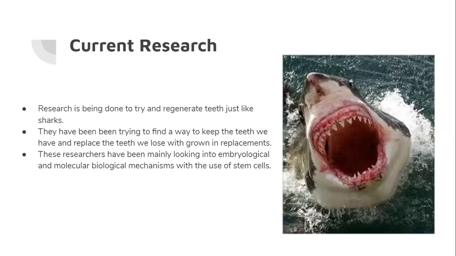So they've been researching how to develop a good enough replacement by being able to adapt what the sharks are doing. We don't lose teeth as easily as them, but we also don't eat huge seals or surfers.